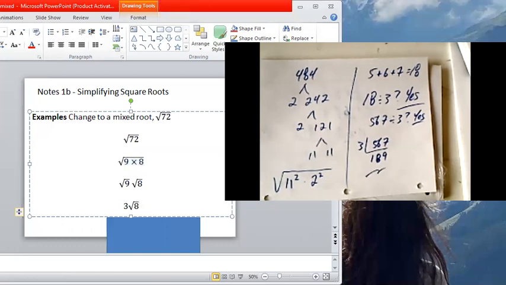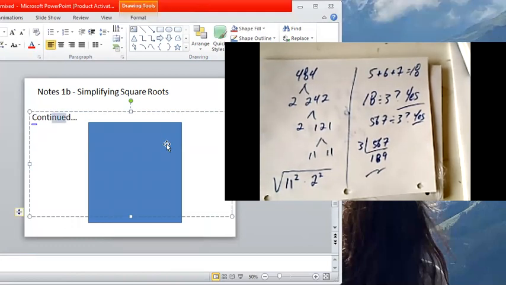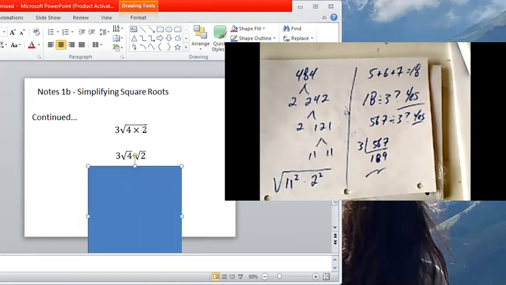So all you do is just continue. Just do it again. We had the 3 and the 8. So the 8 now changes to 4. You rewrite that with a square number, 4 and a 2. 4 goes on the outside.